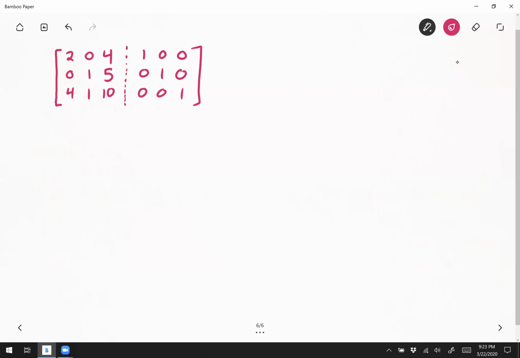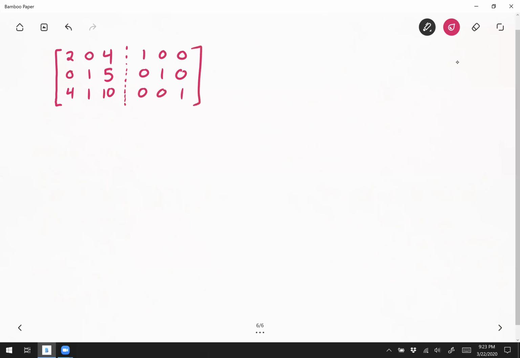All right, so we're going to go ahead and start off the augmented matrix. On the left, I'm going to have 2, 0, 4, 0, 1, 5, 4, 1, and 10. Then on the right-hand side, I'm going to put a 3 by 3 identity matrix.